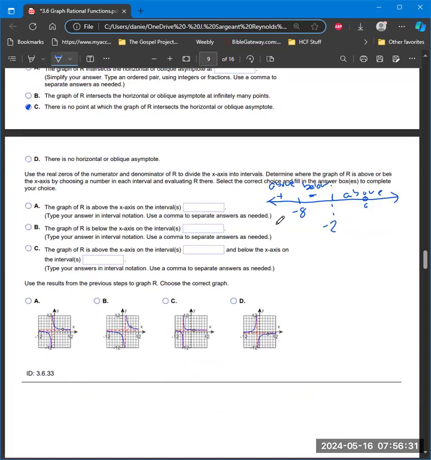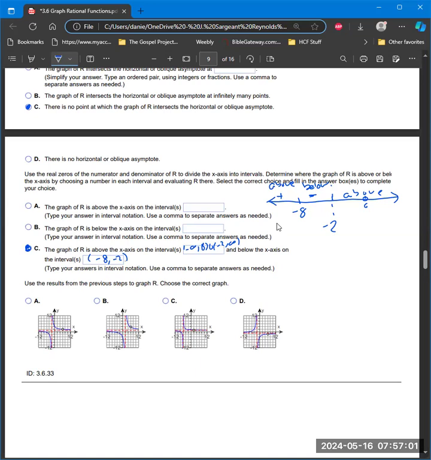So the graph is above the x-axis on the intervals from -infinity to -8, union -2 to infinity, and it's below from -8 to -2, like that.